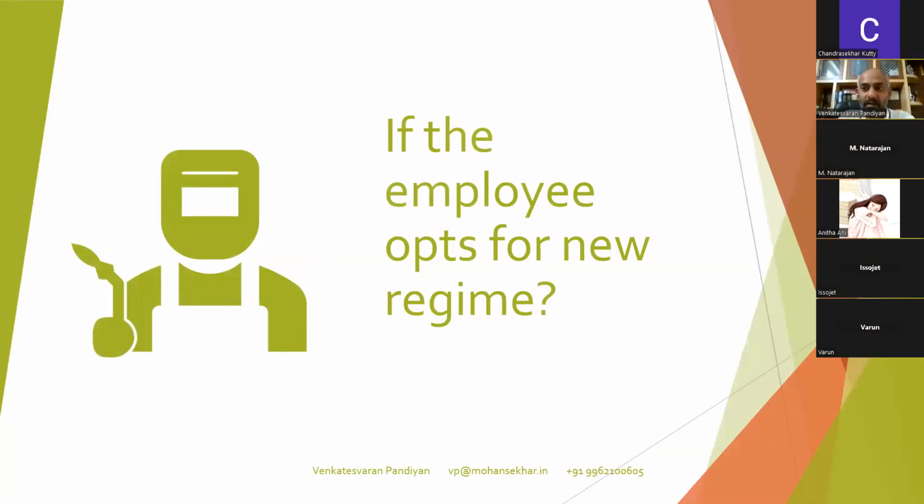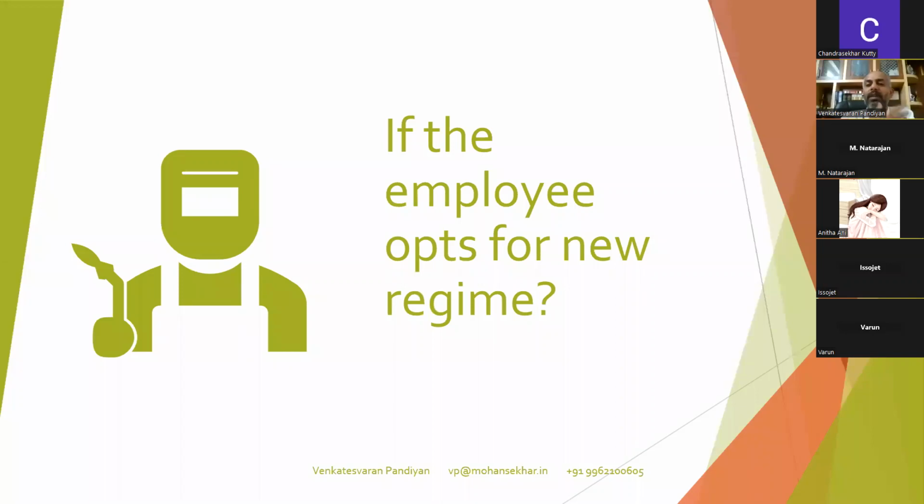See, there is a new regime, 115BAC, where the employee, or for that matter any individual, has an option to select the new regime, which has a different rate of tax for different slabs. Can the employee opt for the new regime?